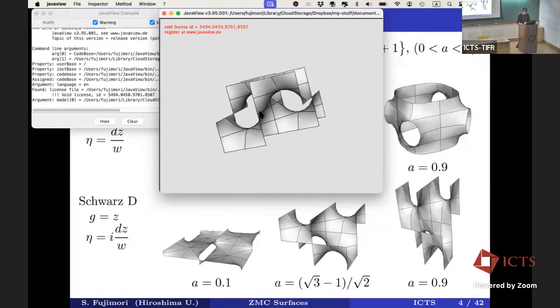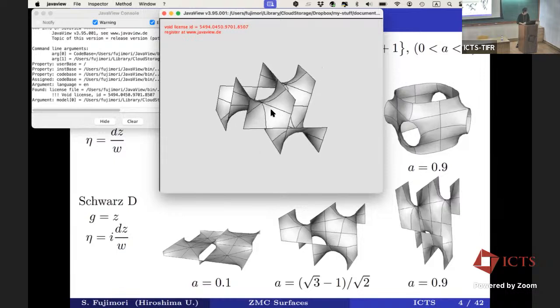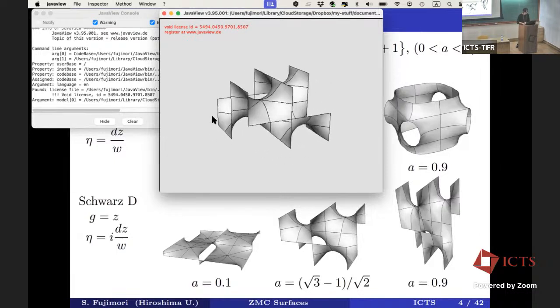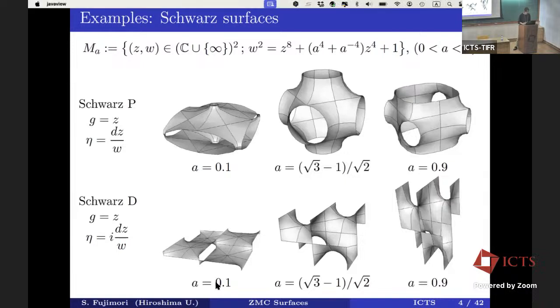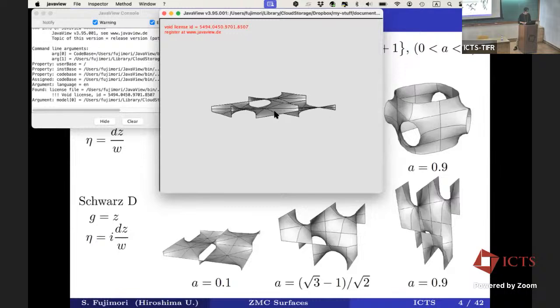So it is now not easy to see that this is a genus 3 surface, but actually this is genus 3. And then if A is close to 0, then the surface looks like this.